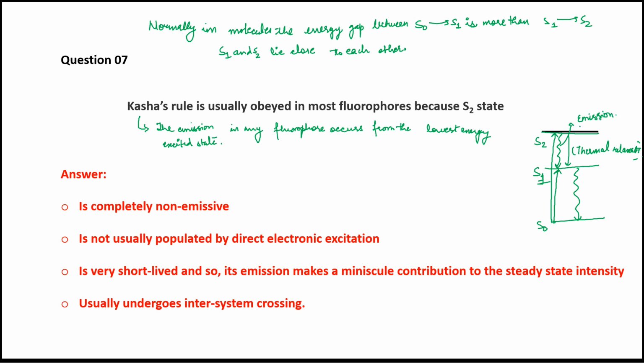But the total time constant for this, say x, in picoseconds, is the sum of kr plus knr. If the value of knr is quite high, then you will get a very small value for x. Thus, x is the radiative time.